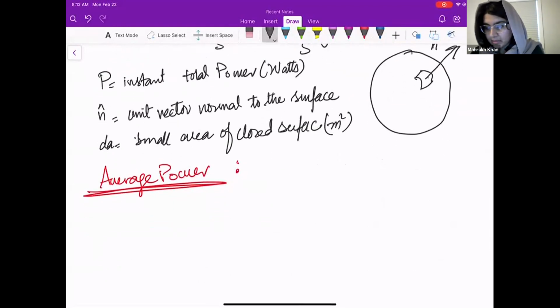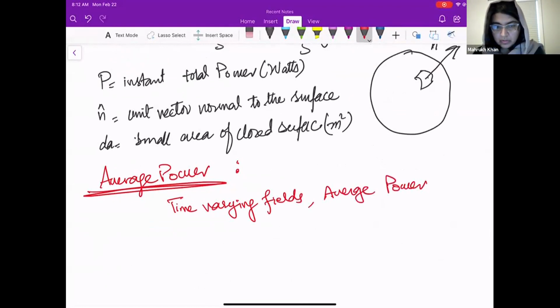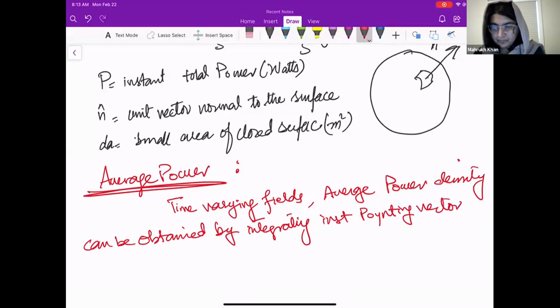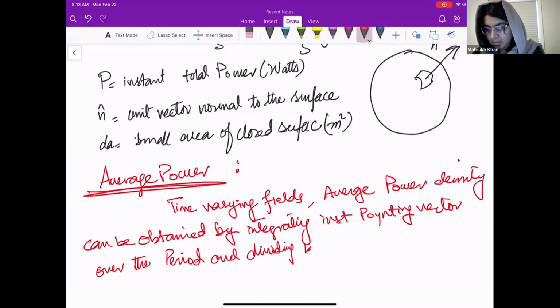In time varying fields, the average power density can be obtained by integrating the instantaneous Poynting vector over the period and dividing it by one period.